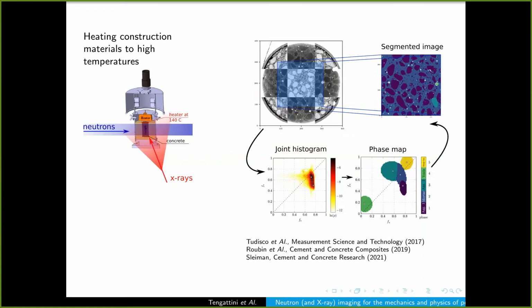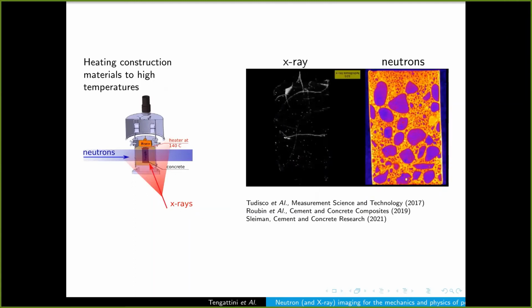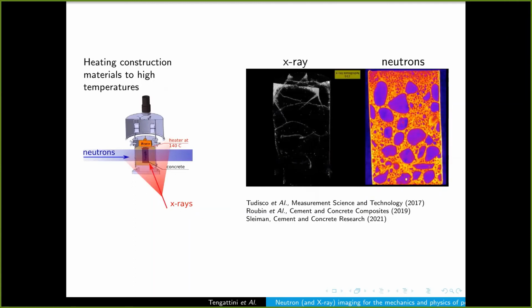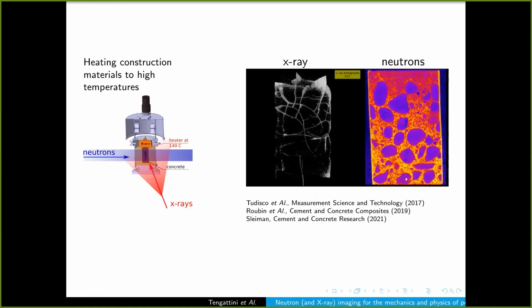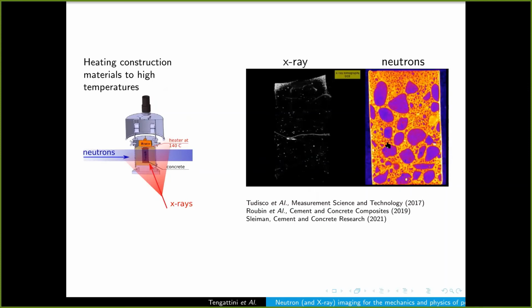And as a byproduct of this, besides the exact subpixel alignment of these two volumes, it's also possible to do a rigorous segmentation. Furthermore, in this case, once again, the X-rays provide essential information about the evolution of the microstructure, in this case the opening of fissures because of heating, and the neutrons provide information about the effect that this has on the moisture transport caused by the heating.